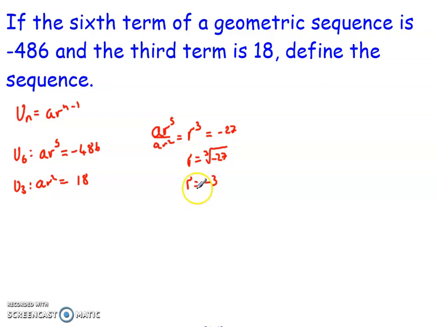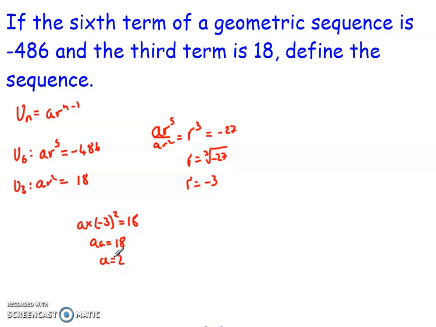So we know the common ratio. We plug it back into one of these two to find a. Keep it as simple as you can, so I'm going for ar squared. So a times r squared, so times negative 3 squared, equals 18. Negative 3 squared is 9, so 9a is equal to 18.